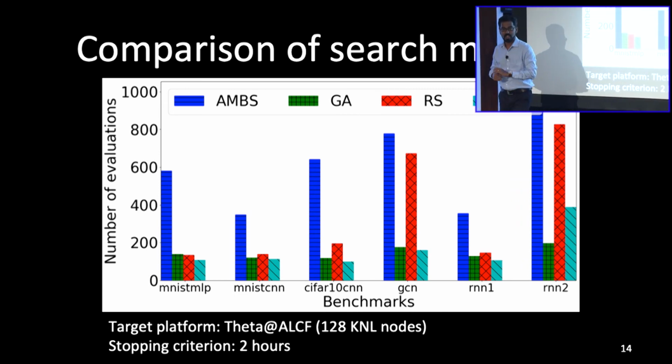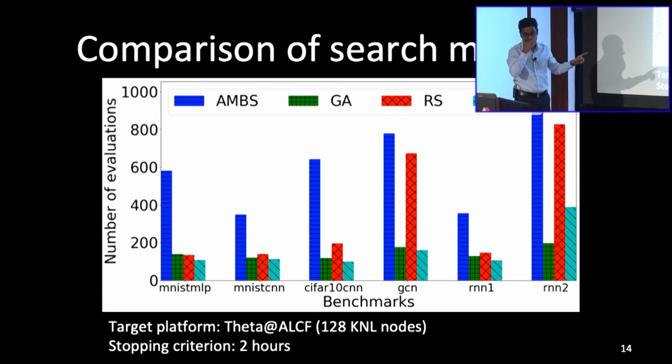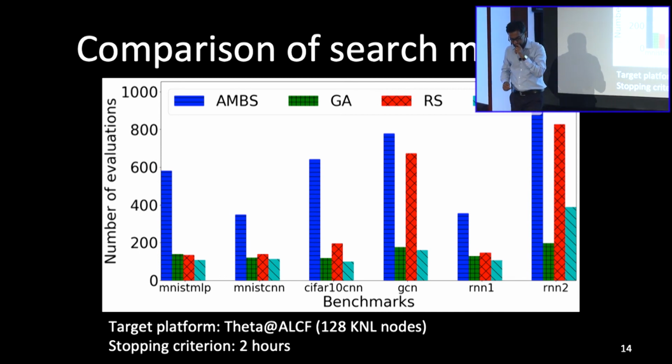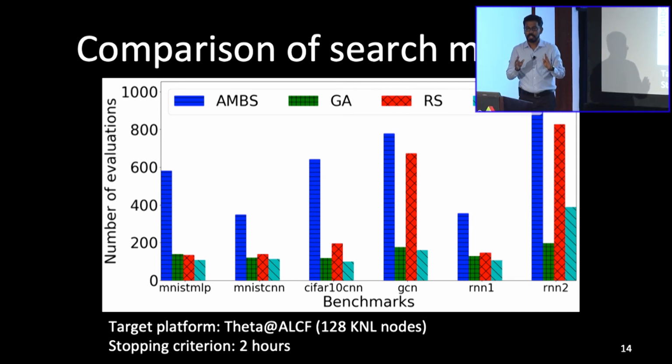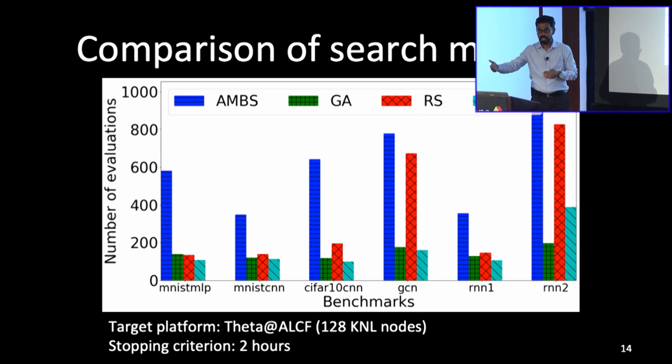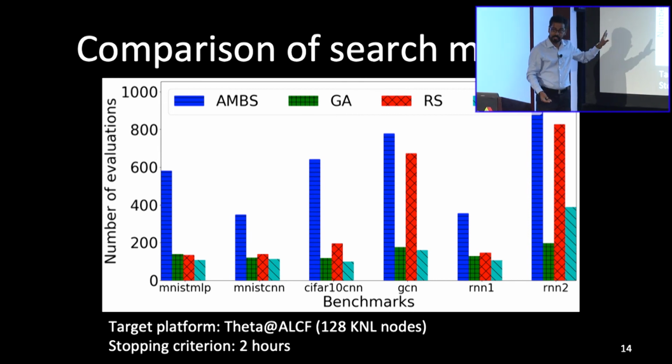Why is random search not doing many? Random search is an asynchronous one, right? So you can just put 126, and as soon as one finishes, you can generate a random configuration and put them back. The reason why random search is not doing many evaluations is because it was randomly sampling the number of epochs, and as a consequence, there are a lot of configurations for these benchmarks which were running for a lot of epochs, which is not necessary for these benchmarks because even with few epochs, less than 10 epochs, you can get high accuracy.